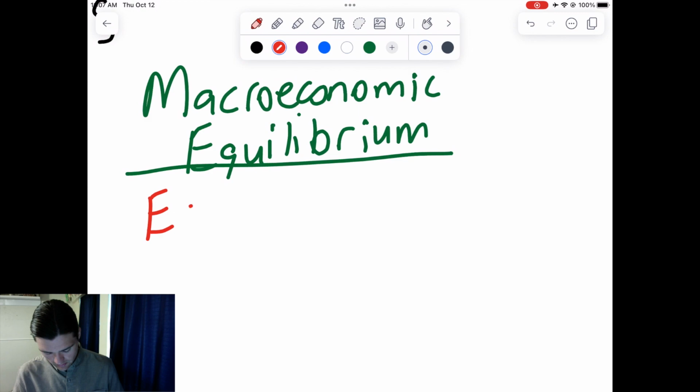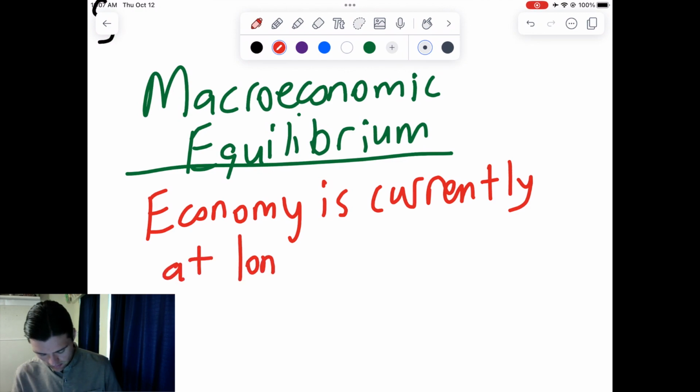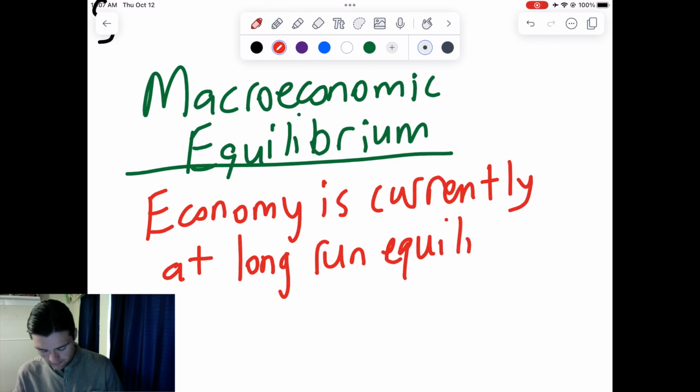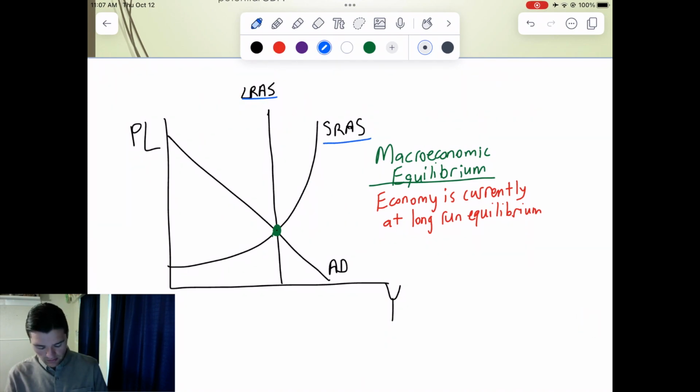So your economy is currently at long run equilibrium. And that's because your long run aggregate supply curve is the same as your short run and the same as your aggregate demand. Right there, the green dot.